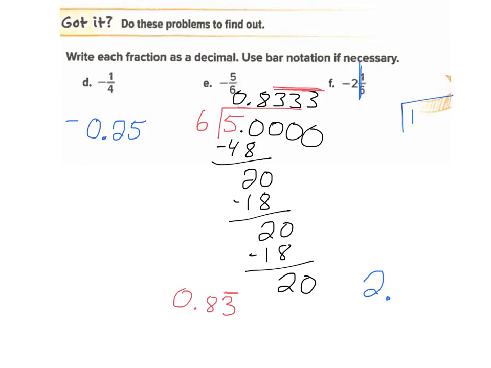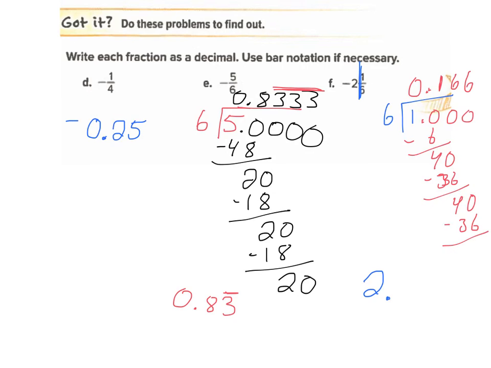Now let's go ahead and do my division with my 1/6. 6 goes into 1 0 times, so I add my decimal and my 0 to keep going. 6 goes into 10 once, which is 6. Subtract, I get 4, add a 0, bring it down. 6 goes into 40 6 times, which is 36. Subtract, I get 4, add a 0, bring it down. 6 goes into 40 6 times, subtract, I get 4 again.